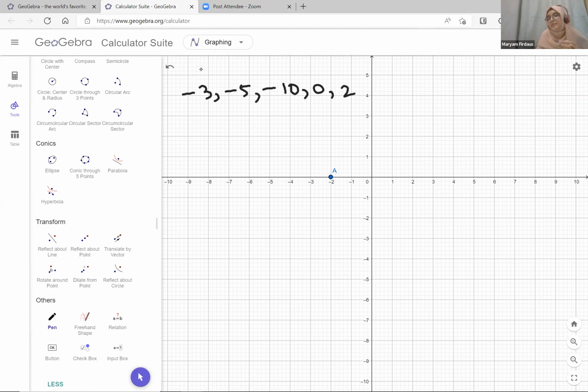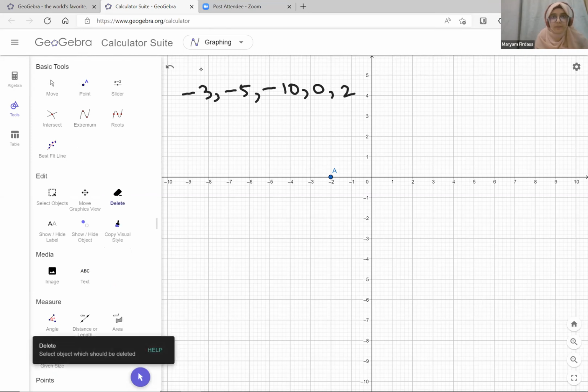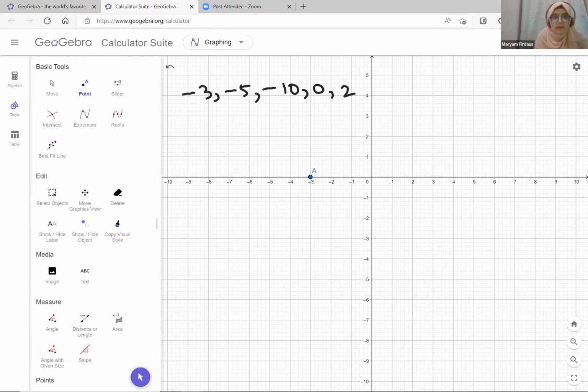Okay. Is -3 more negative or is -10 more negative? -3. Okay, let's take a look at it. Let's draw this on the number line. So we have -3 right over here and -10 right over here, right? -10.